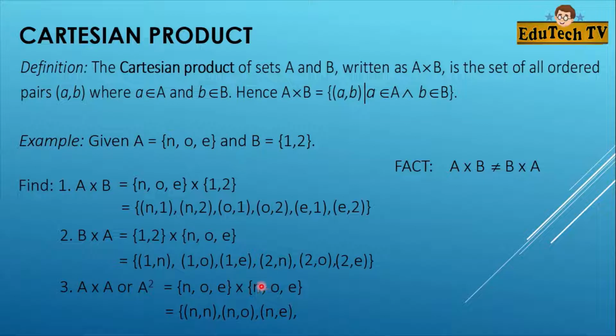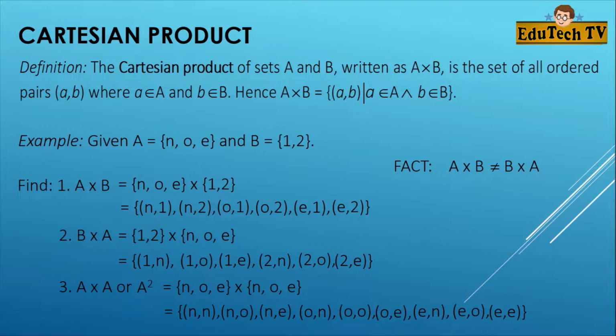Next, ON, OO, OE. Then EN, EO. Lastly, we have E and E. Okay, so this is the product of A times A. So that's all about Cartesian product.